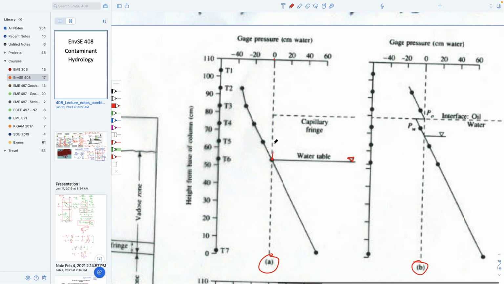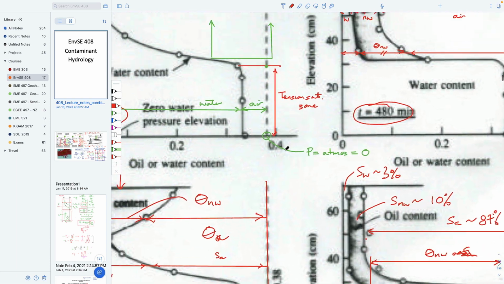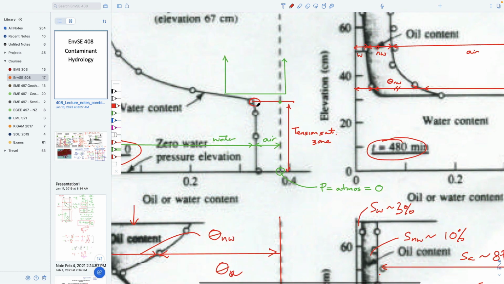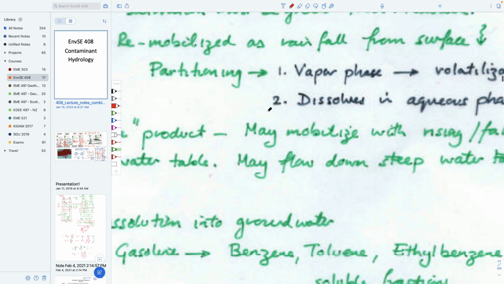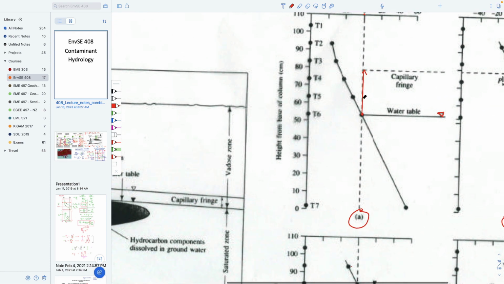This is a tension saturated zone, which is still almost fully saturated with water. So this is this point here, where even though it's at negative pressure, the negative pressure isn't enough to allow a bubble of air to poke into it. And so that's what this portion here is, capillary fringe.